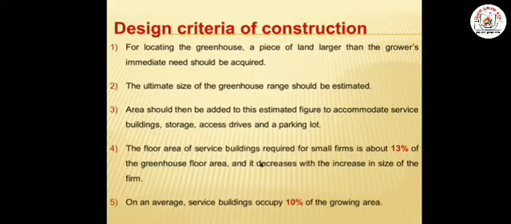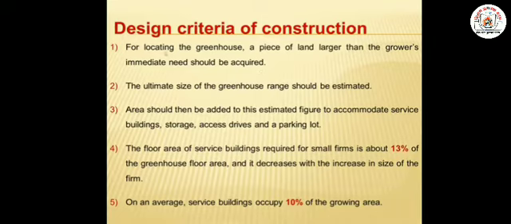Then let us see design criteria of construction. Let us see the first criteria for locating the greenhouse. Here, a piece of land which is larger than the grower's immediate need should be selected or acquired.